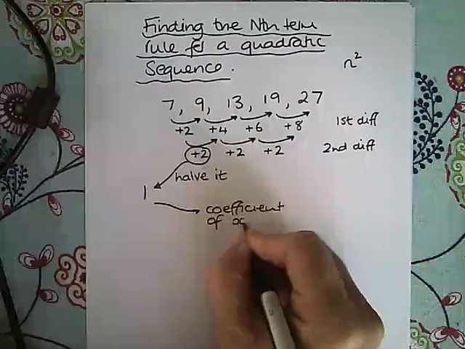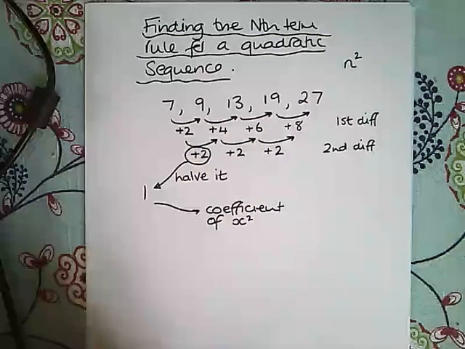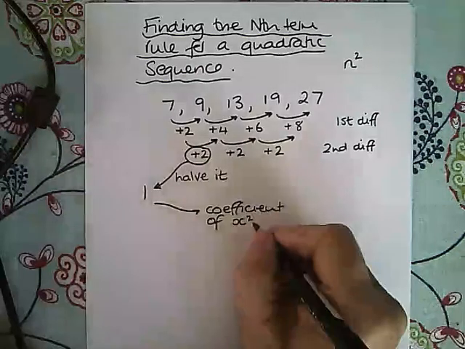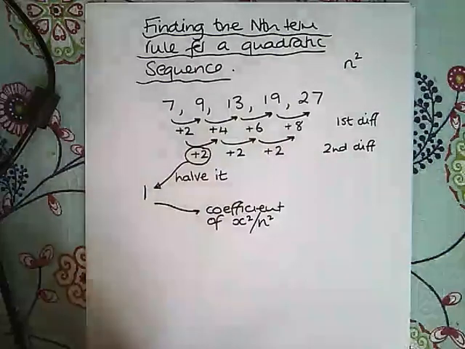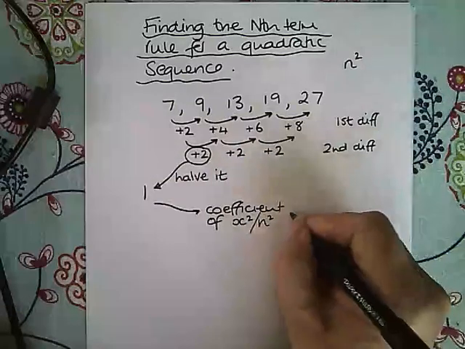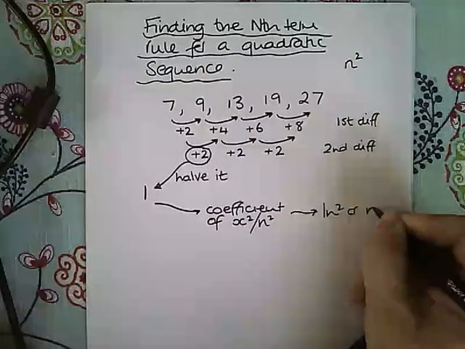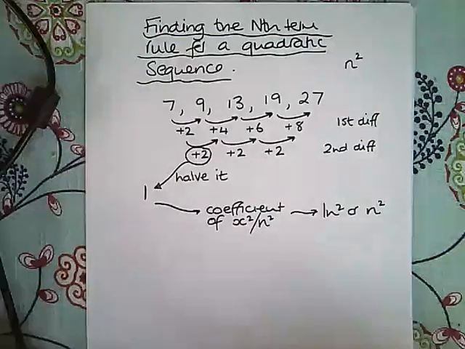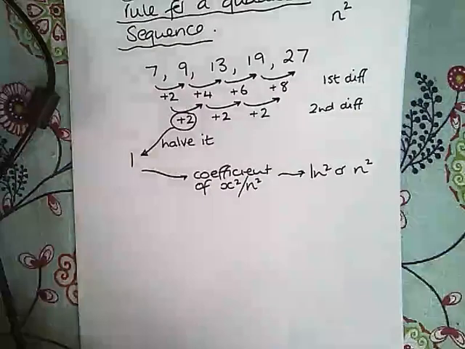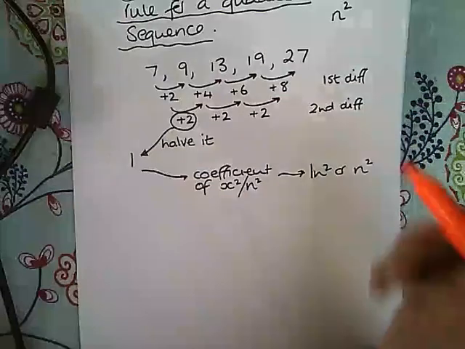So the number that goes in front of the x squared, or in this case, the n squared. And that means we've just got 1n squared, or just n squared. Okay, so I'm going to highlight that because that's part of our sequence.